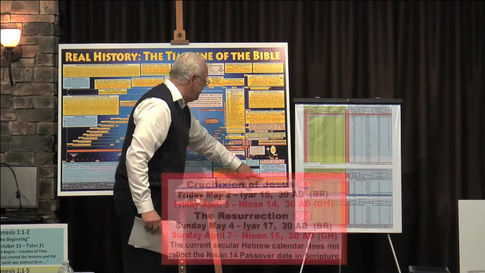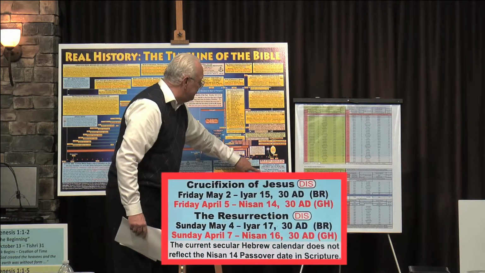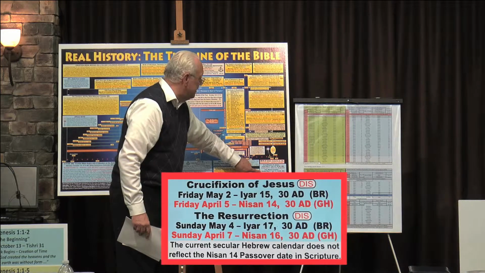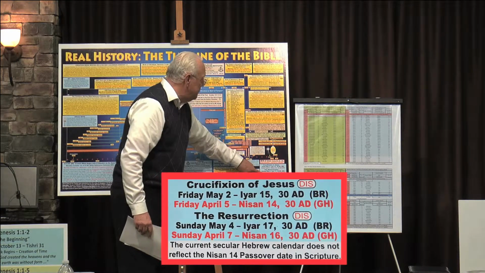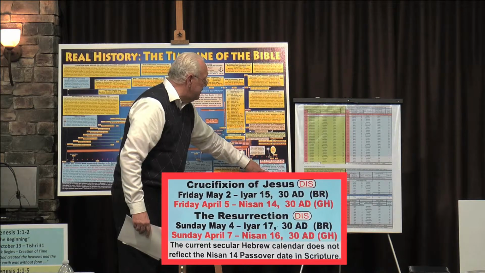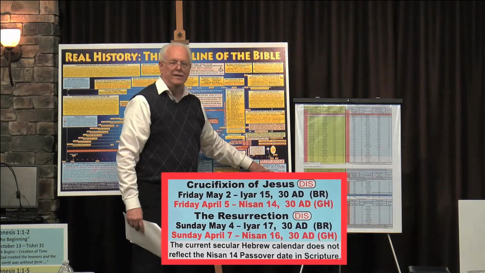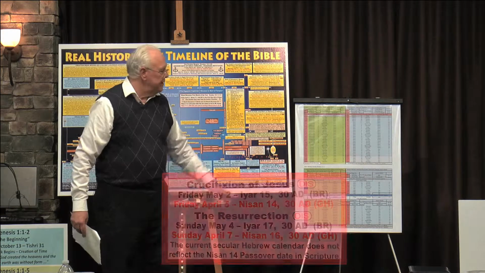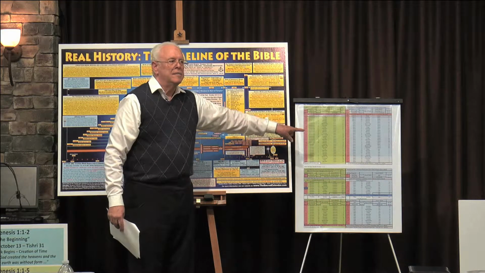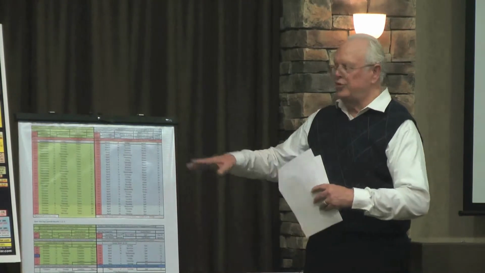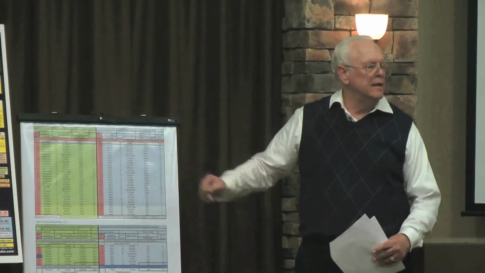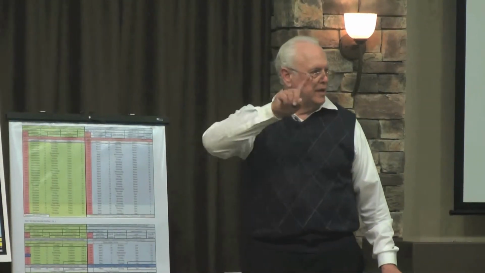When you look on here, you see creation day on the 364 calendar is Sunday, May 4th, Iyar 17. That same day is April 7th, and it's Nisan 16. Nisan 16 matches the date in Scripture. What I'm showing you is that when you put the two calendars side by side, remember, Tishri 1 is the first month.